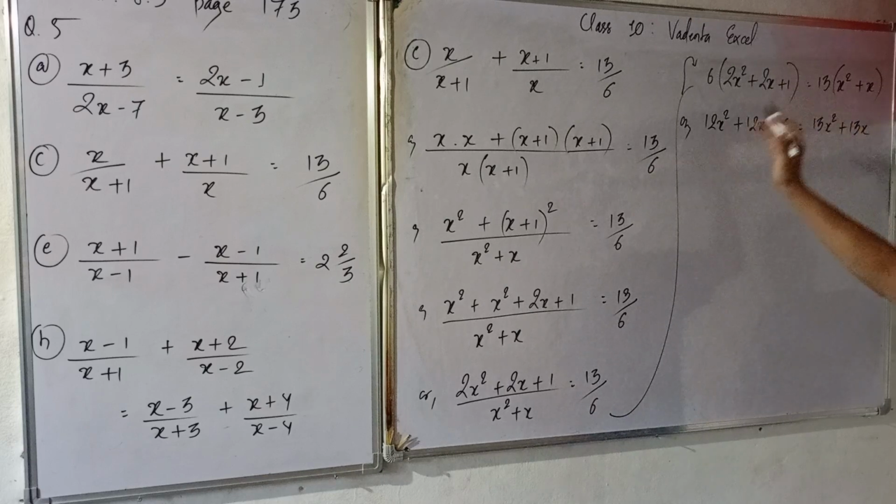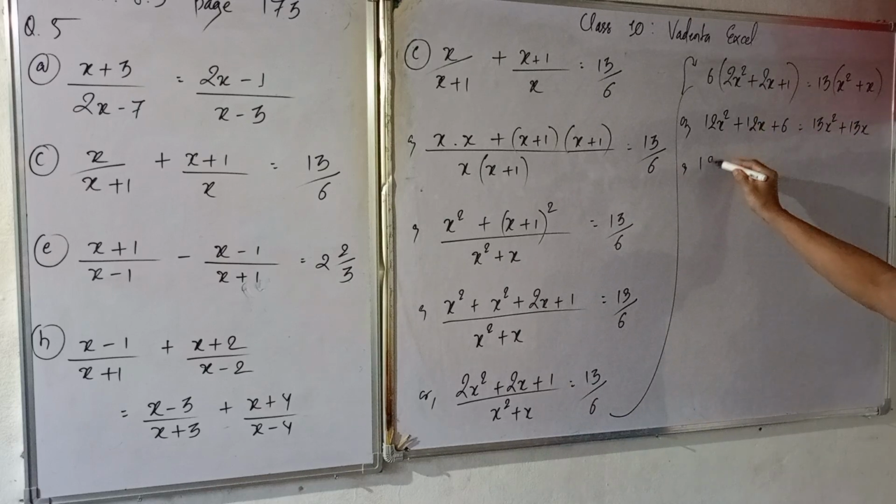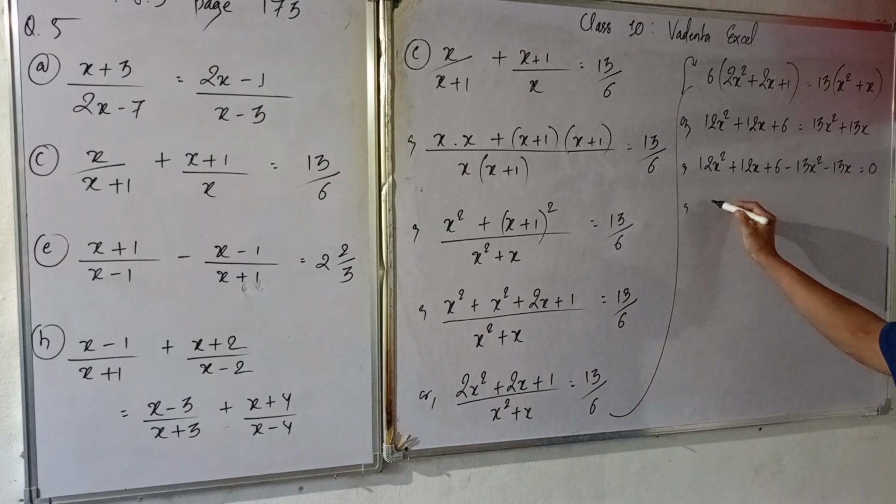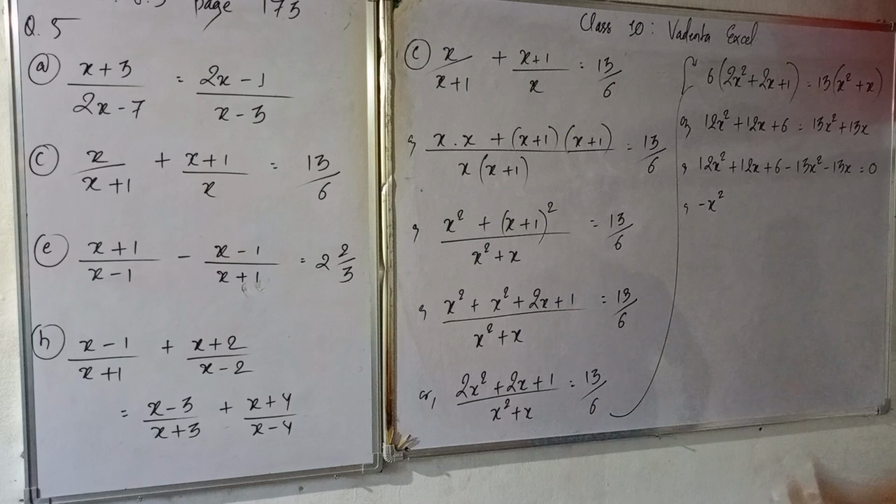Now move all to the left hand side. 12x square plus 12x plus 6 minus 13x square minus 13x is equal to 0. Now just operate the like terms. 12x square minus 13x square becomes minus x square. 12x minus 13x, that's minus x. Now the constant term is only 6, so you just write 6 here.